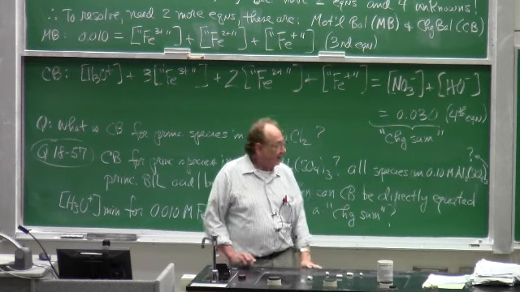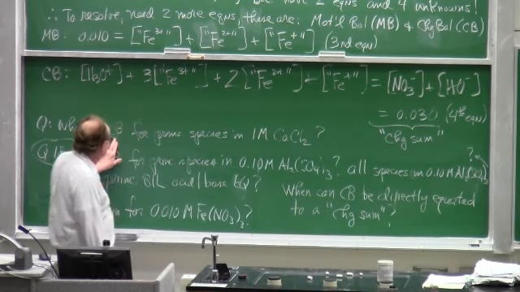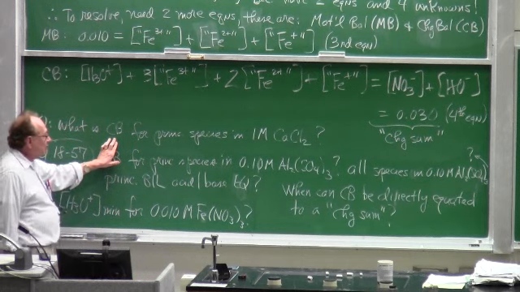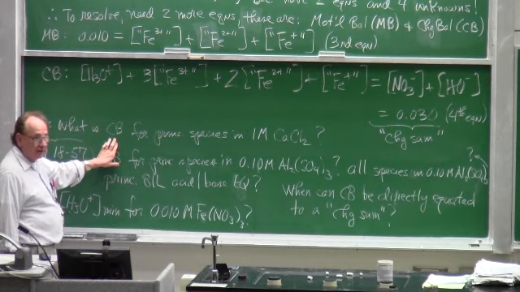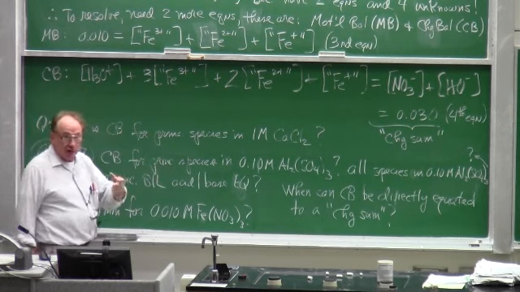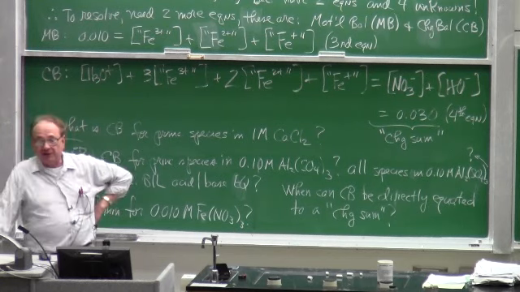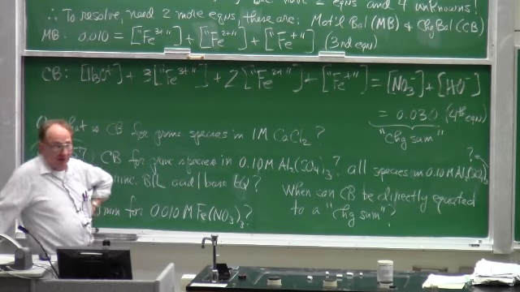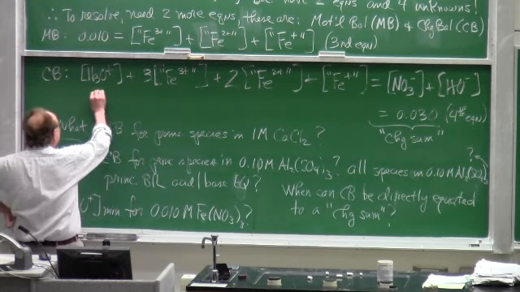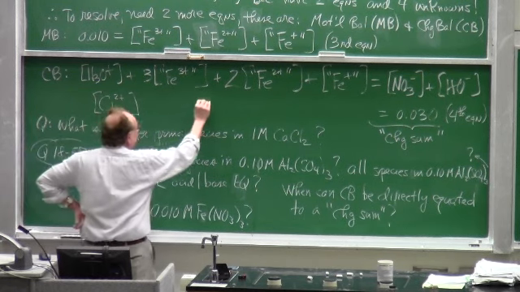Let's look at a much simpler case, and I think you will see at a glance why this is true. I ask you to write the charge balance equation for the principal species in calcium chloride solution, 1 molar. Now the principal species in this solution which are charged, because obviously charge balance only applies to charged species, not the molecular species, they don't have charge: calcium ion, chloride ion.